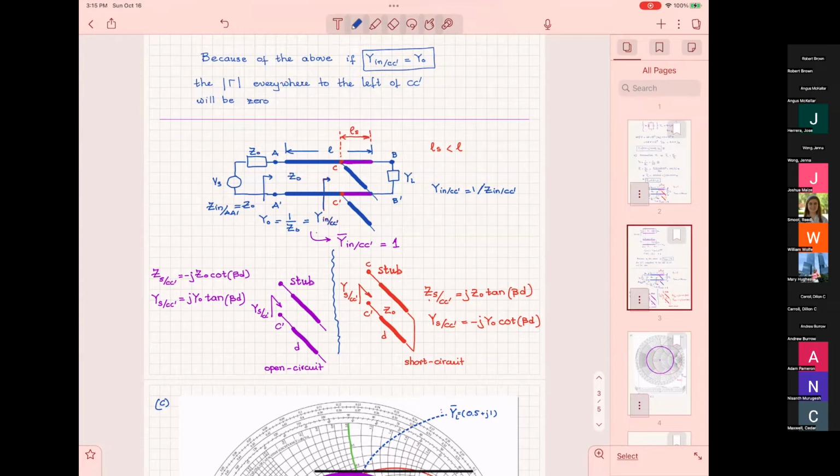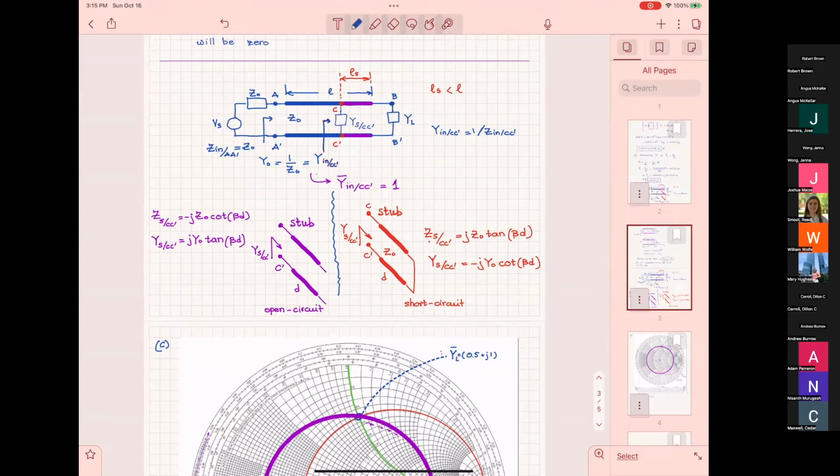If I place a stub there, the only thing the stub can do in parallel is to add a reactive load. So practically I can take the stub out now and put a reactive load in there. And because it's a shunt stub, I will put the reactive load in the form of an admittance. You agree?